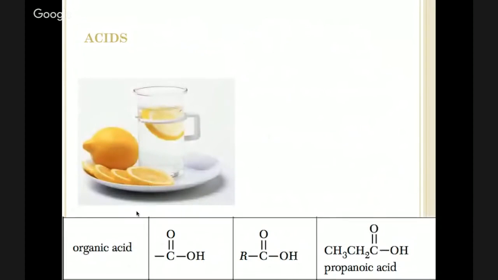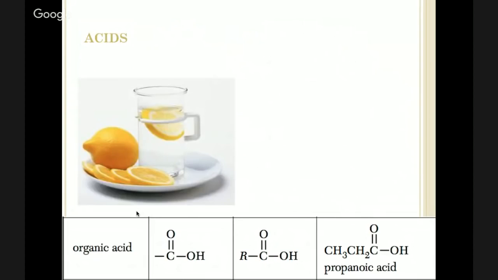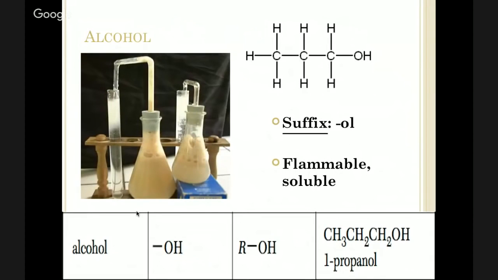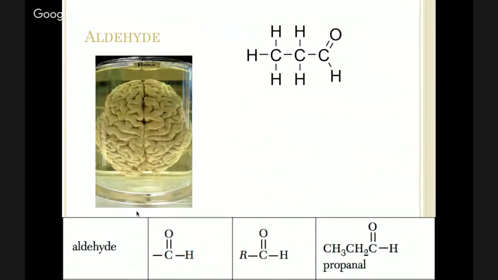Then acid that starts with an A, I know it says organic, but acid starts with an A, and ester that does not. The reason I bring this up is if you go through all the A examples, such as alcohol, aldehyde, and acid, all these have their functional group at the end of the molecule. So an alcohol, OH at the end. Aldehyde, CO at the end.